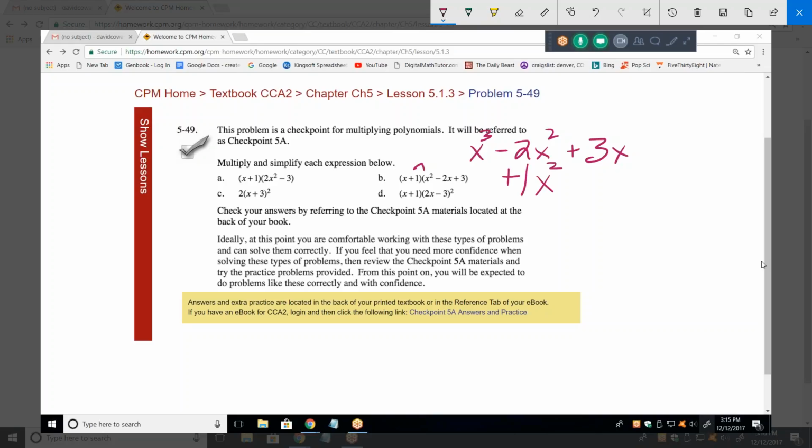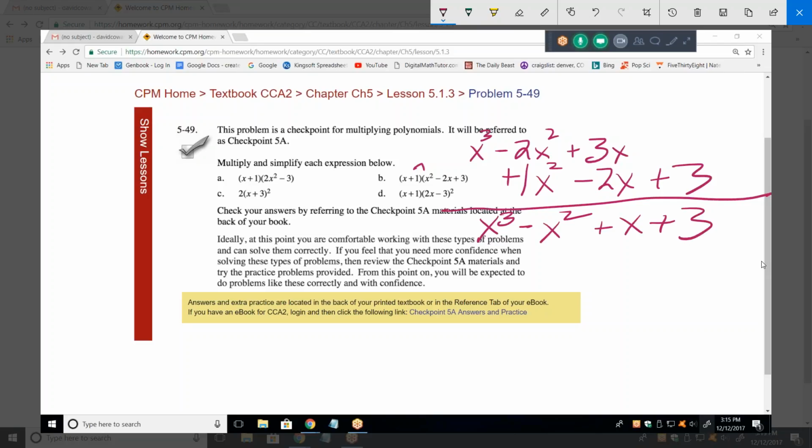And then minus 2x. I'm going to write that under the x term. And then plus 3. Now it should be easier to simplify. So x cubed minus 1x squared plus 1x plus 3. Perfect. See the advantage of doing that, where you write them under their common terms?